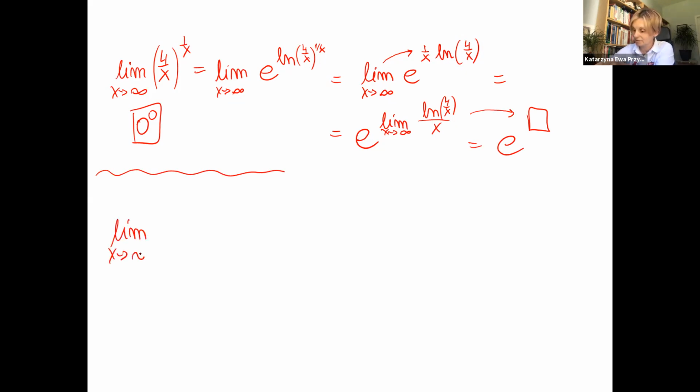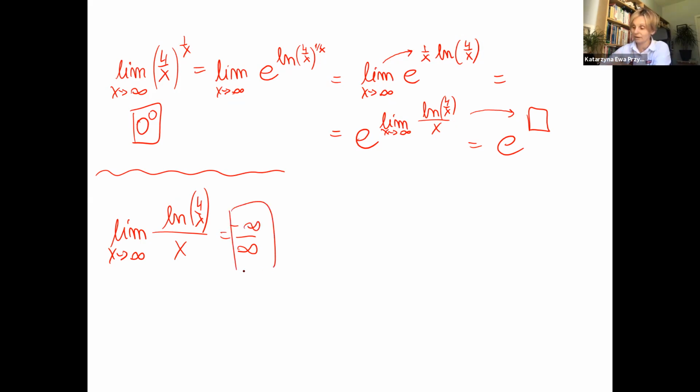Limit as x goes to infinity, natural logarithm of 4 over x, over x. First of all, let's check. This is infinity. 4 over big number is small number, and logarithmic function at small number near 0 is going down.